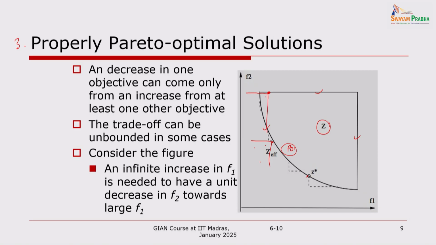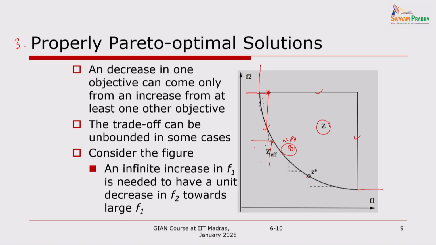There should not be any point in the interior of this. So is there any point in the interior? Yeah, these are all interior, so this cannot be weakly Pareto optimal. In this case there are no extra horizontal or vertical lines, so the Pareto optimal set and the weakly Pareto optimal set are the same.